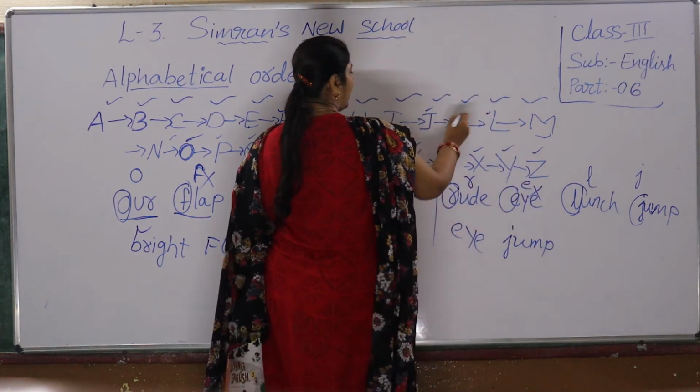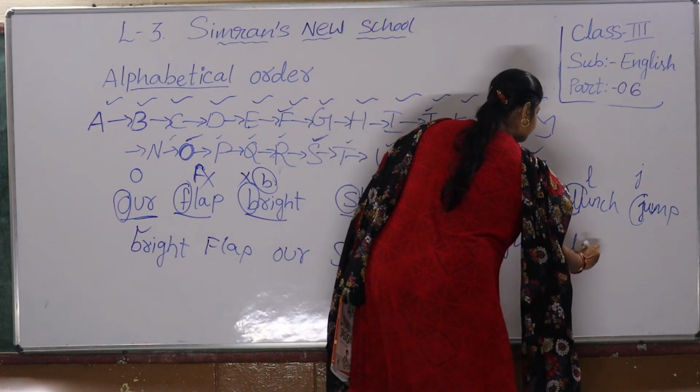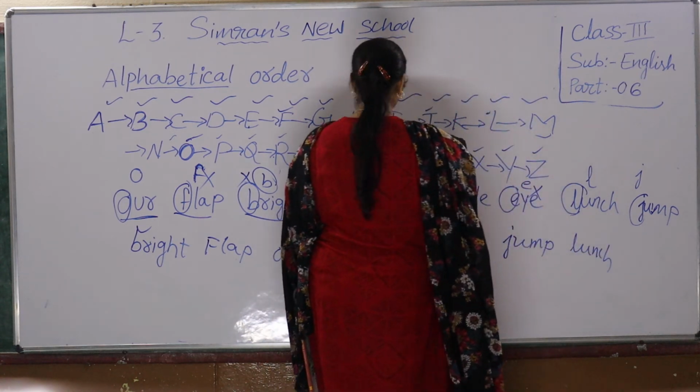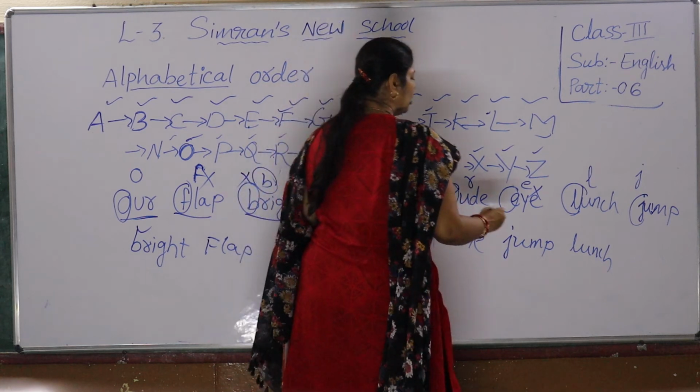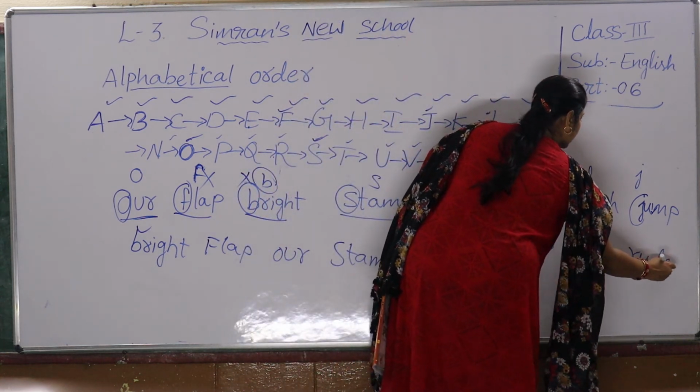Then after J, L, lunch. Then the last will be R, rude. Understood, children?